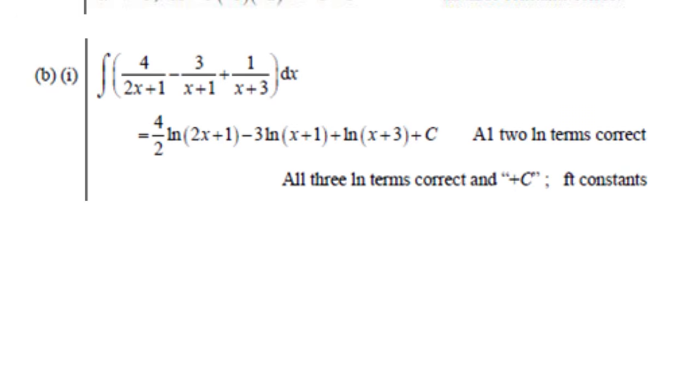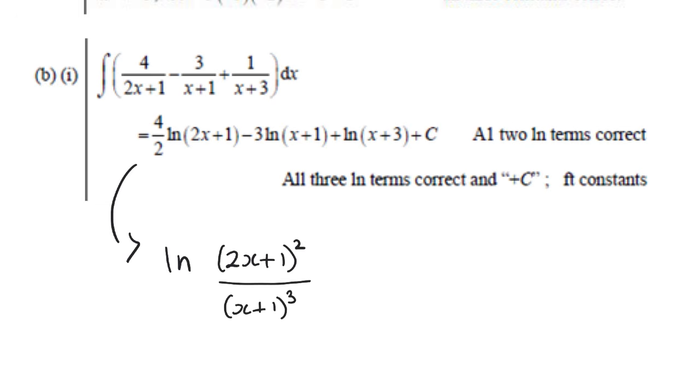Now, just to simplify this, because I know some of you would have done that, this is going to give me ln of 2x plus 1 squared divided by x plus 1 cubed times x plus 3 plus c. So if you've done this, this is also completely correct, okay?